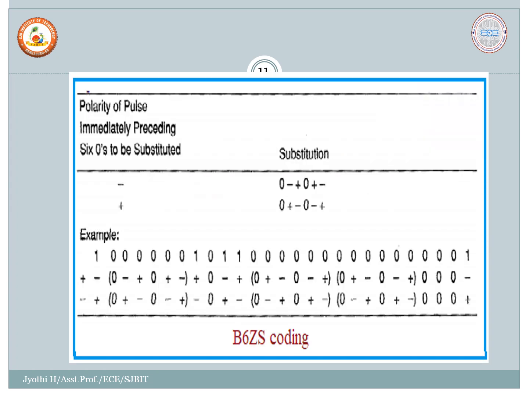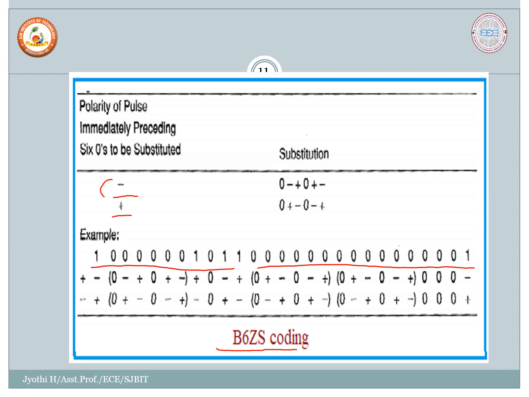So next we can see the B6ZS line coding. That is 0 minus plus minus, depending on the previous polarity of the bit. So this is a bit stream you are observing, that is 1 followed by 6 zeros, 1 0 double 1, okay, followed by 12 zeros, followed by 15 zeros and 1.